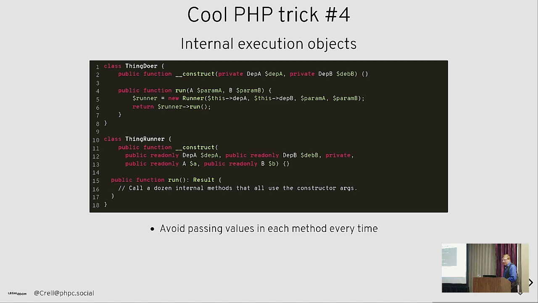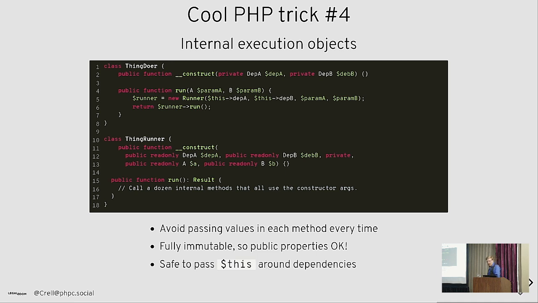So you don't need to pass values in every time. You can easily make it immutable, so it's safe to use public properties if you want to. And if thing runner is going to call dep A, you can pass thing runner to dep A to give it context for that particular call, and it carries all of that context with you. Takes a bit to wrap your brain around that one. It took me a while to figure it out too. But I found this to be a really powerful approach for dealing with more complex tasks. That means everything here is functionally pure.